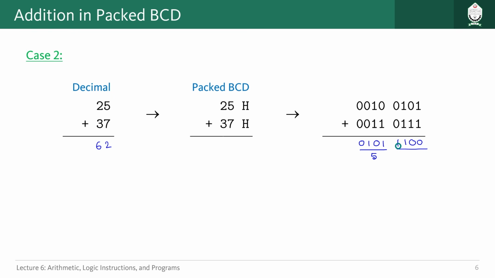This is actually 8 and 4, 12. 12 in hexadecimal is C, right? So this value is actually 5CH, right? Which is not equal to 62. So there is some issue, right? The packed BCD representation is invalid here.